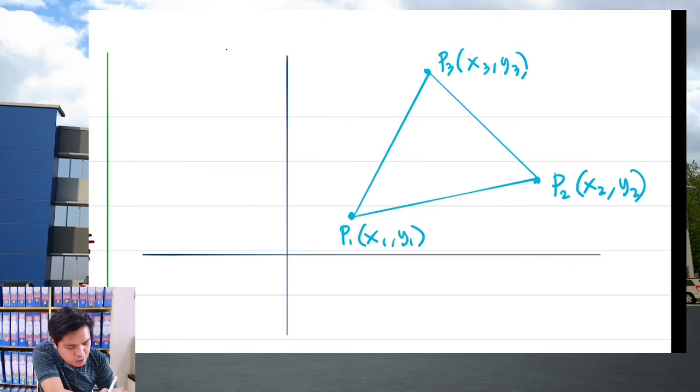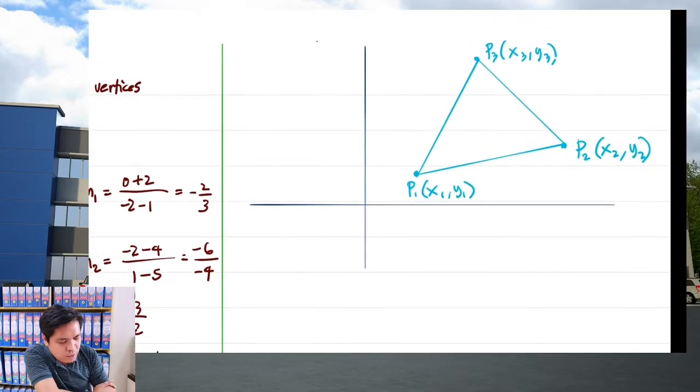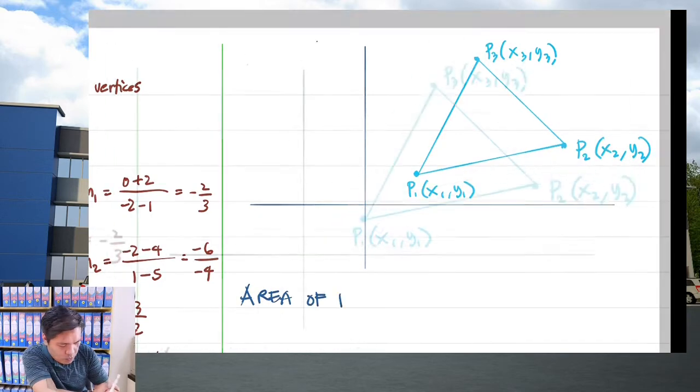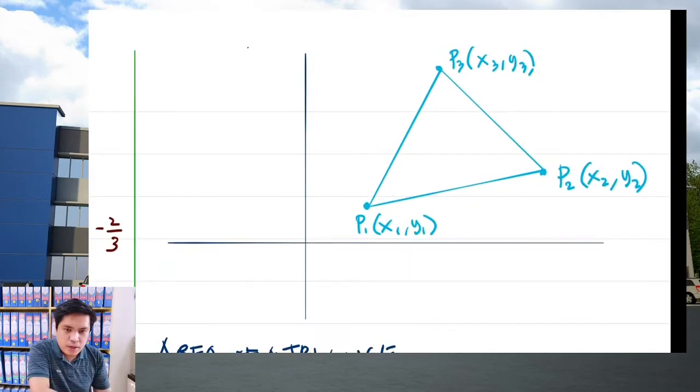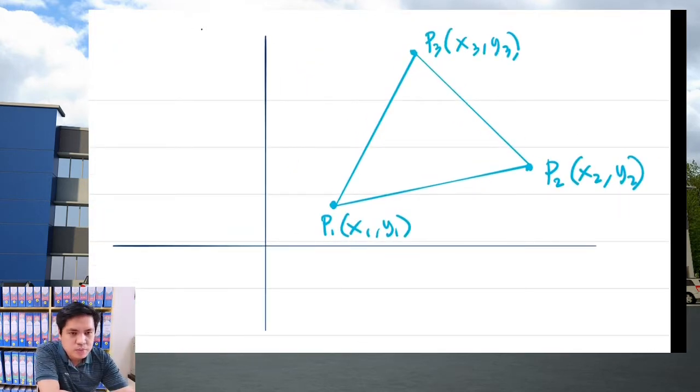Okay, so these 3 points P1, P2, and P3 form a triangle. Now, how do we find the area of this triangle? So, area of triangle. Okay, ako na lang din sasagot. If a triangle lies in the Cartesian plane, meaning may coordinates na siya, medyo komplikado na, di ba? Because we are describing points instead of sides.